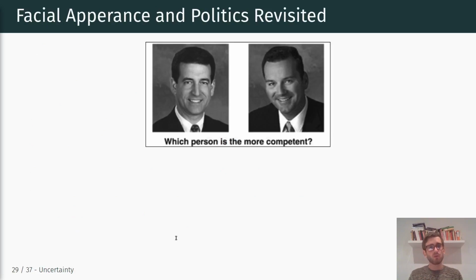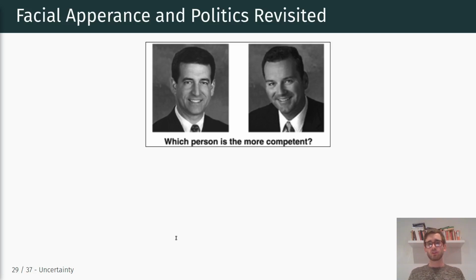So let's go back to one of our initial examples that we used to introduce the regression framework, and go through the same procedure, but now taking into account the uncertainty around our estimates and thinking about what exactly this uncertainty means. The specific example is the study on facial appearance and politics.